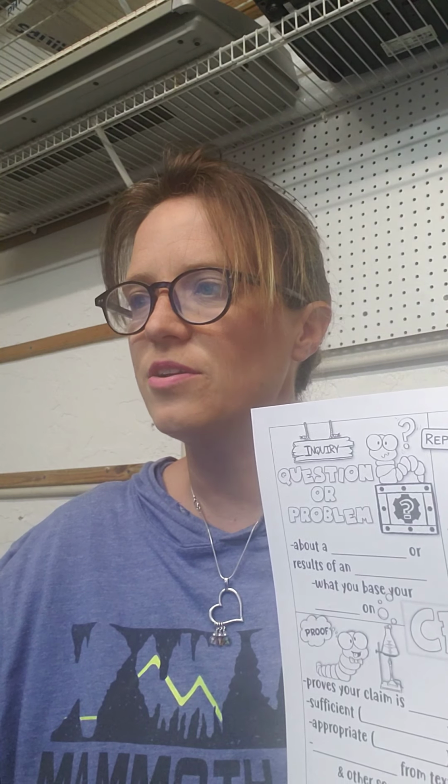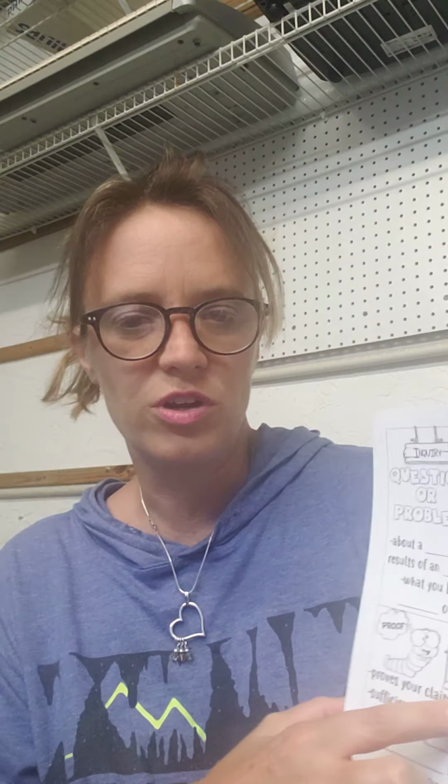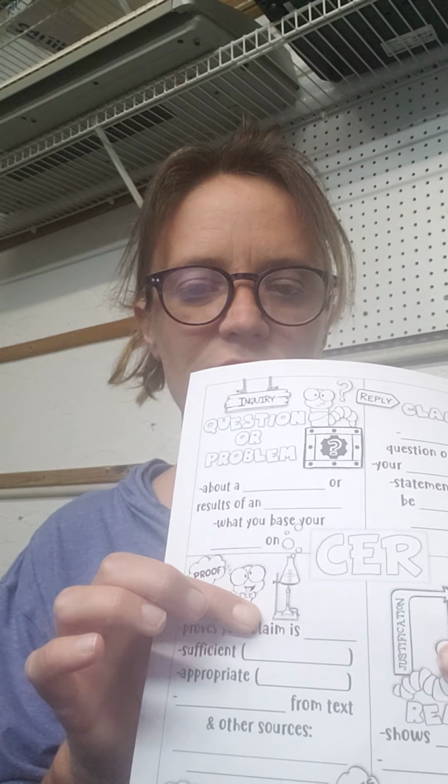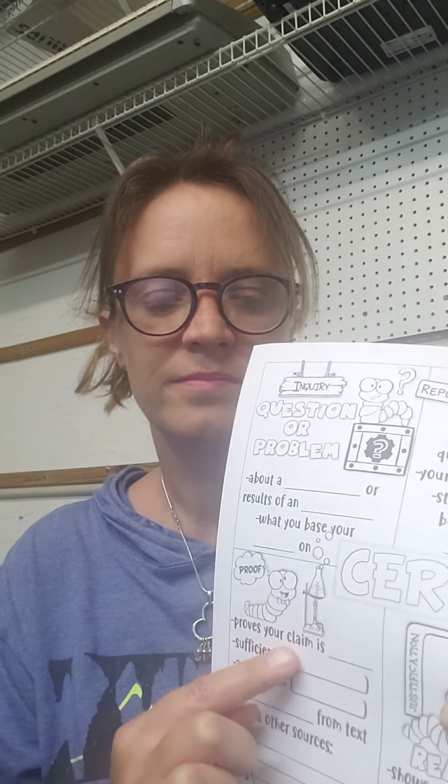Your evidence proves that your claim is true. First blank. Proves that your claim is true. Sufficient, which means there's enough. Appropriate, which means on topic.